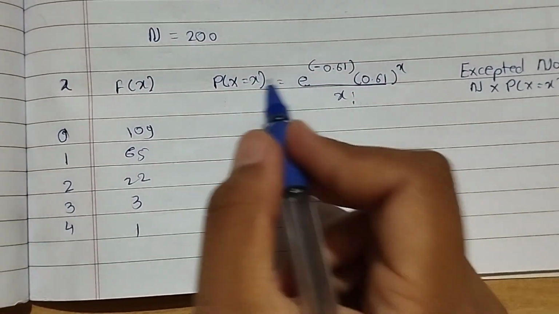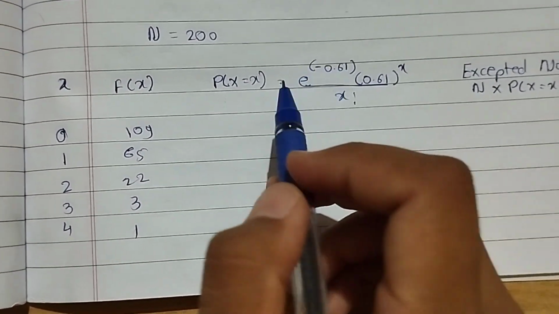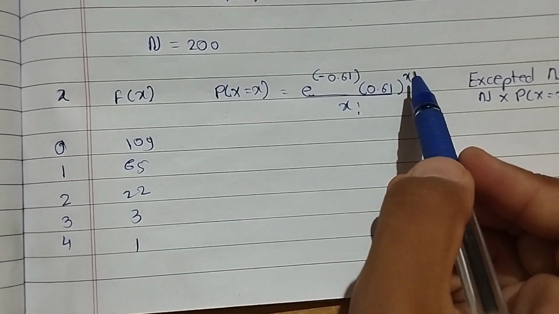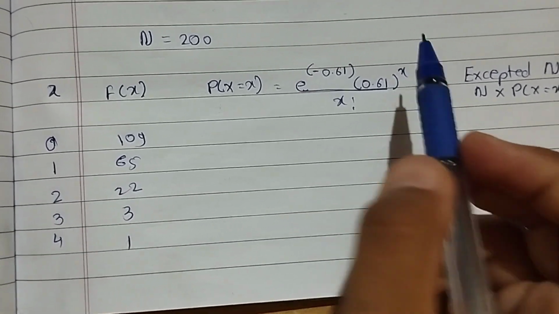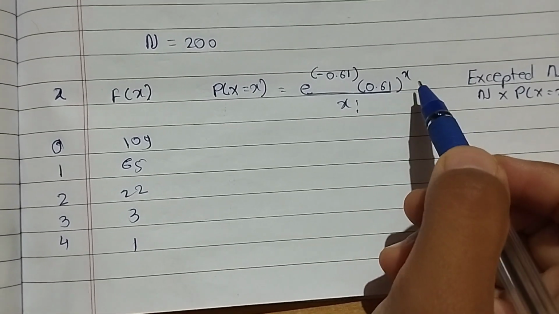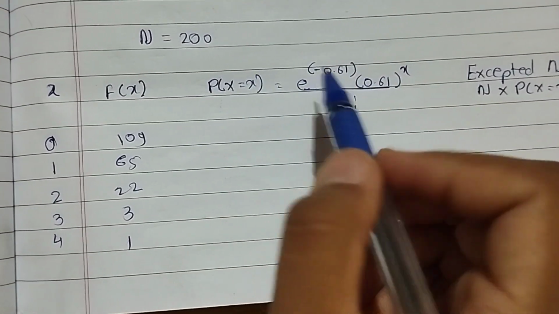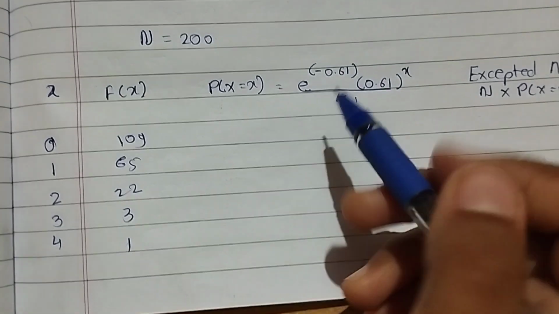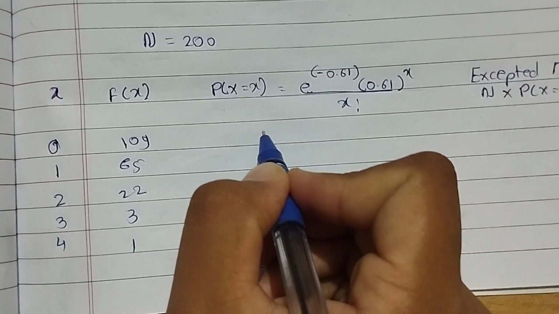Now we want to find out the probabilities. So we know the formula, we only put in each value of x and find out the probability. So we directly put all this value in our calc and write here the value of probabilities.